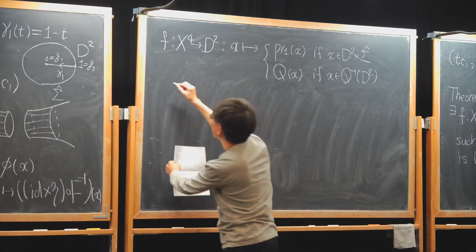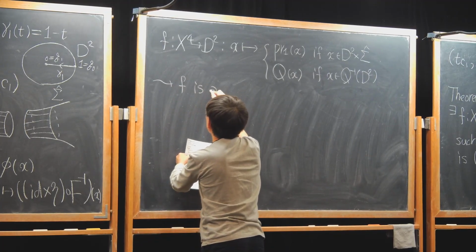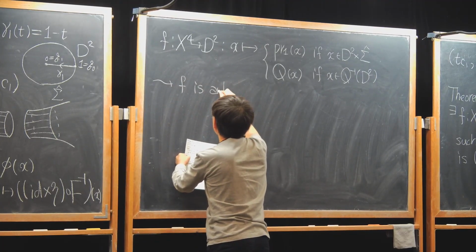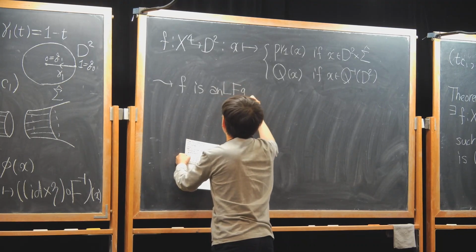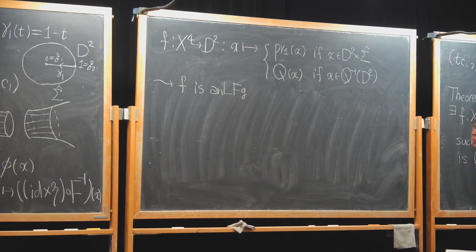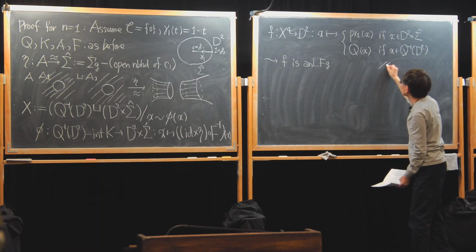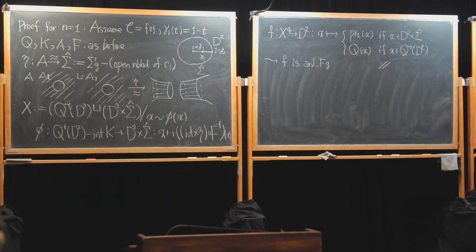Then F is an LFG, so a Lefschetz fibration of genus g over D2 with vanishing cycle C1. So this is the proof.